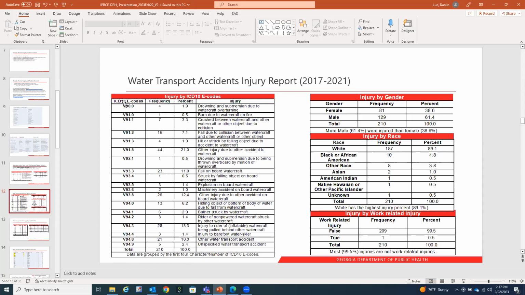This is grouped by first 4 characters, and then we can look more about the injury, and there are more details here. The right side table shows that 61.4% are male patients and 89.1% are white patients, and only 1% is from the work-related injury.